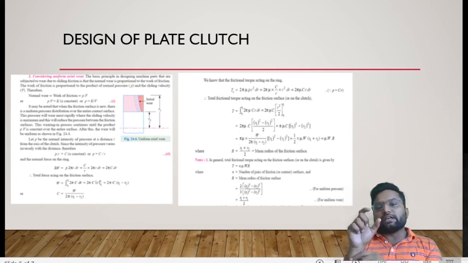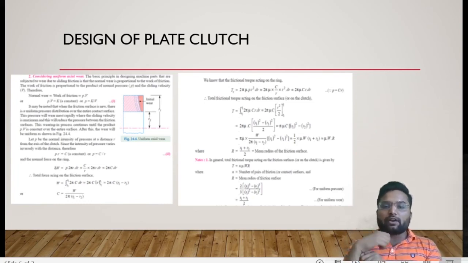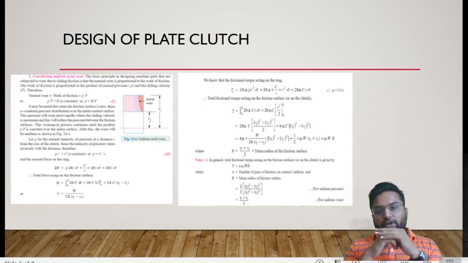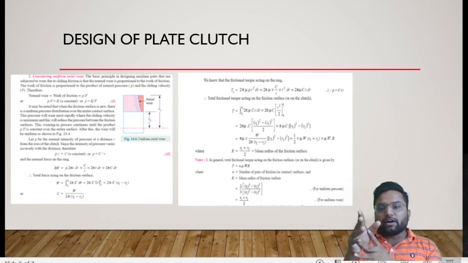Now let's get the equation for torque. Clear? So for torque, we can take the previous equation of torque and put it directly into this theory, and then integrate it from R2 to R1. So torque is nothing but 2 pi mu C r dr. Ultimately, it will come out as pi mu C, where C is nothing but P into r, times R1 square minus R2 square.